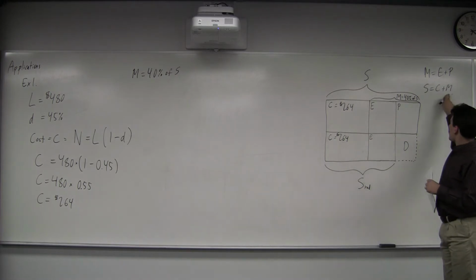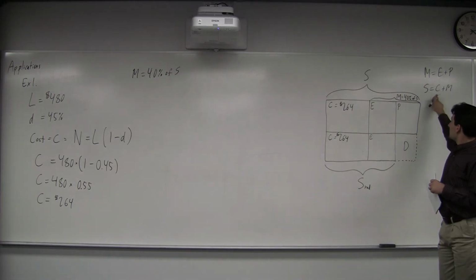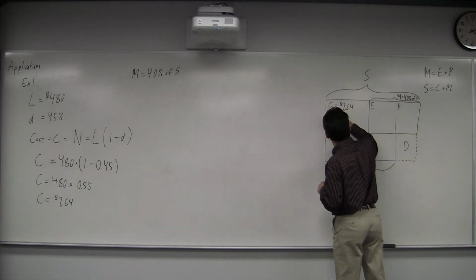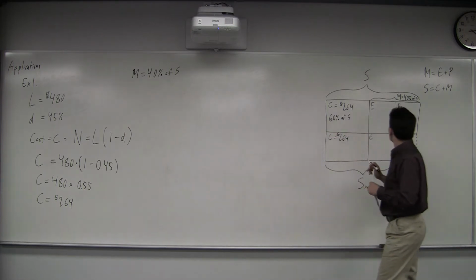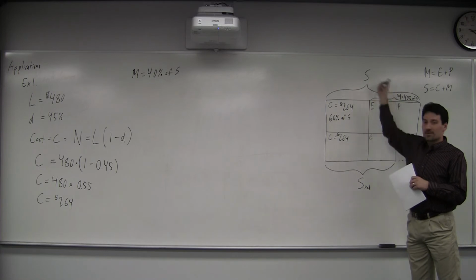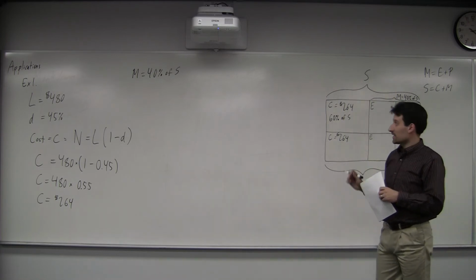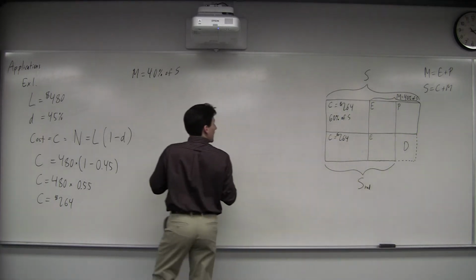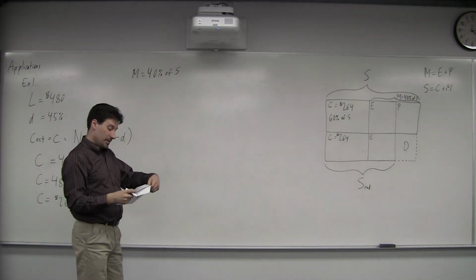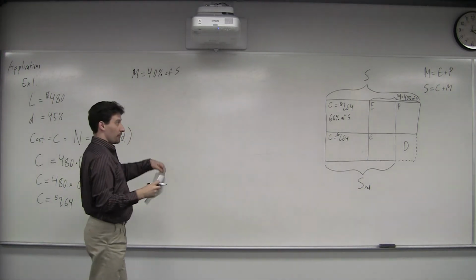Well, the markup is 40% of the selling price, so the cost has to be the other 60% of the selling price. 60% plus 40% equals 100% of the regular selling price. So before even going further, we can use this information to calculate the regular selling price.